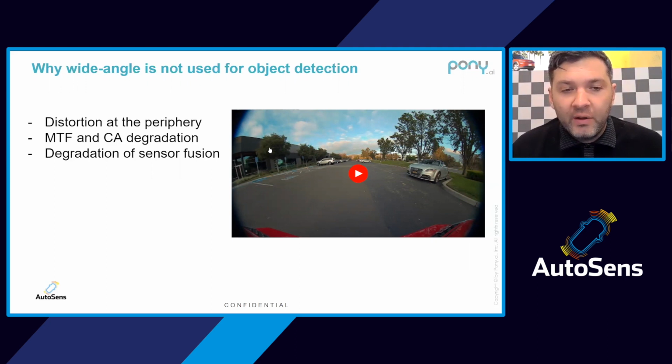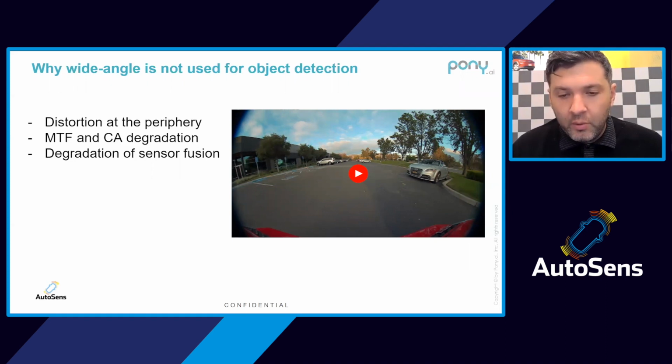So usually wide angle is not used in automotive because the MTF and the sharpness and chromatic aberrations degrade in the corners of the image, and it's very hard to project the lidar depth points back to the image for the sensor fusion because of the lens and how it's made.